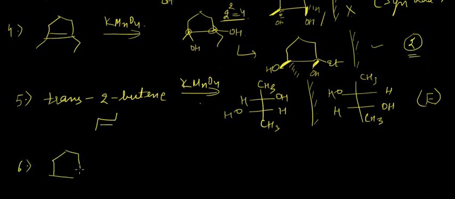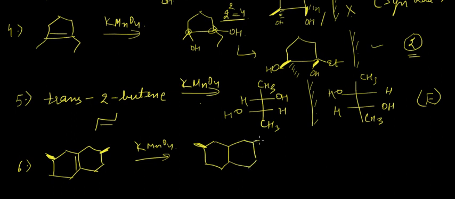Okay, let's quickly look into some more examples. We have something like this. This and this. So here we have reacted with alkaline KMnO4. So the product formation would be something like either this or this.